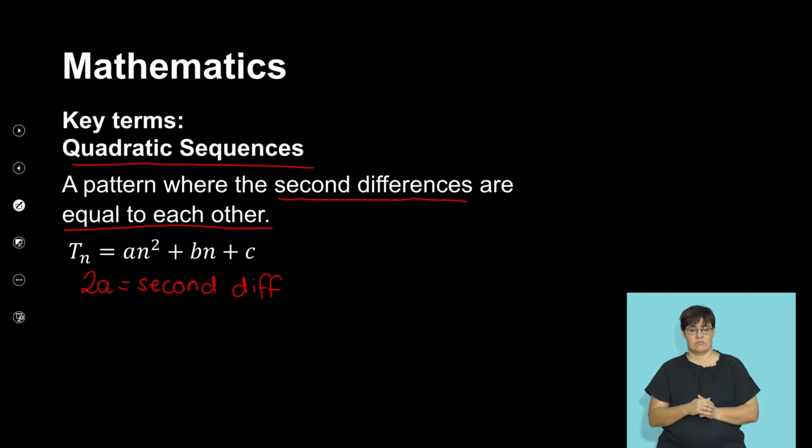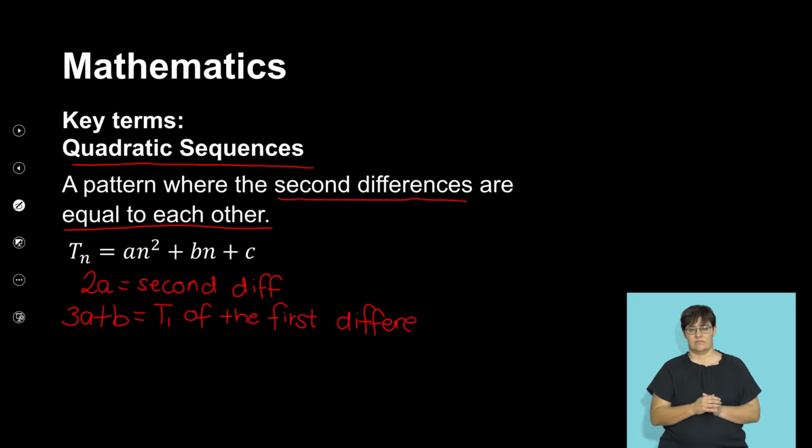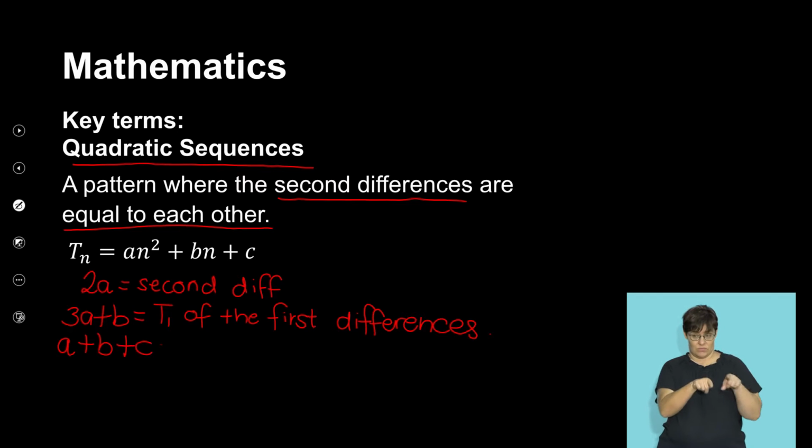Then we will take 3a plus b and equate that to term 1 of the first differences. And lastly, to find the value of c, I will use my a and b values. a plus b plus c is equal to term 1 of the quadratic pattern.